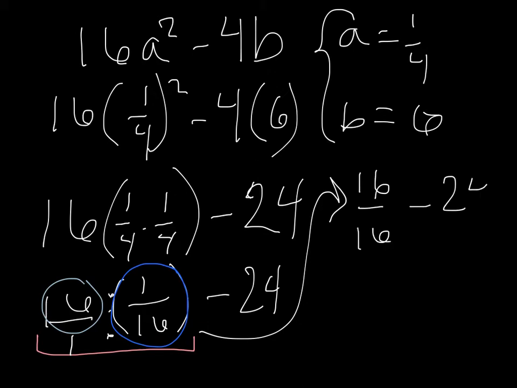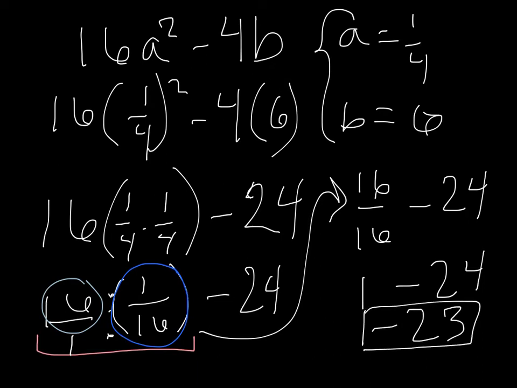Minus 24. Well, what is 16 over 16? Anything over itself is just 1. Minus 24. So that's negative 23. So when we evaluate this expression for a equals 1/4 and b equals 6, we get negative 23.